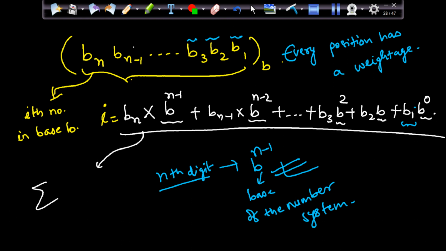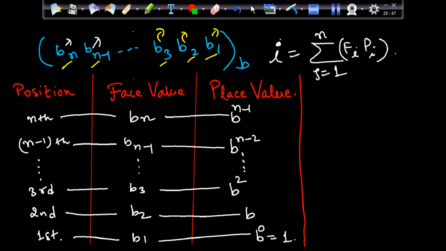This is summation j is equal to 1 to n, face value at j into place value at j. Now it is easier to understand. So sorry, this is j, this is not I. Okay, so it is easy.